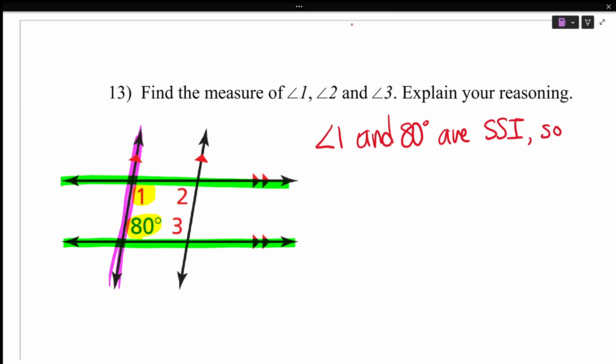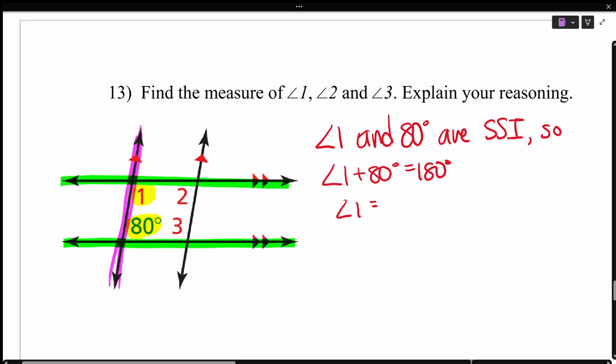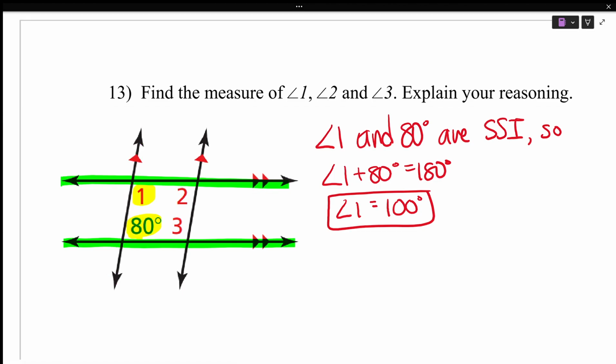So angle 1 plus 80 is equal to 180, right? And then angle 1 is going to be 100 degrees, if you subtract 80 on both sides. So we know angle 1's 100. Cool.